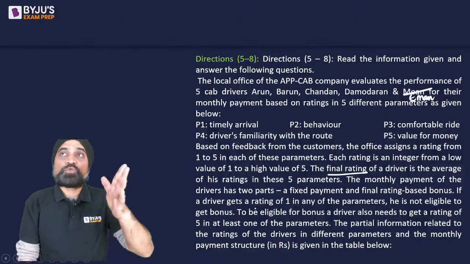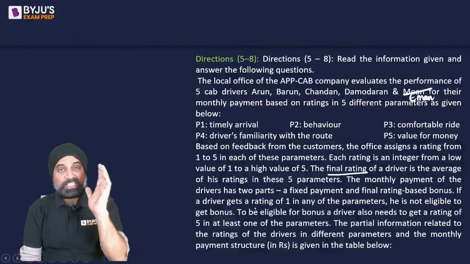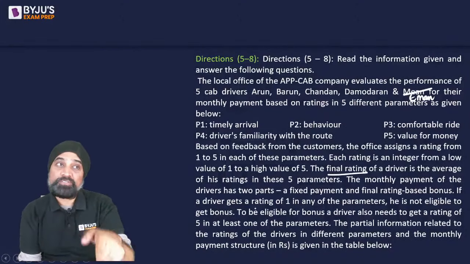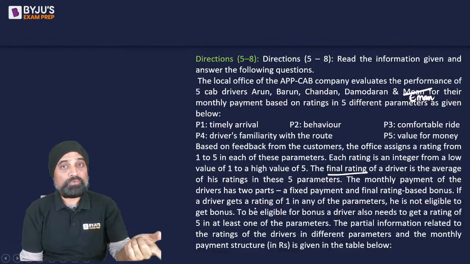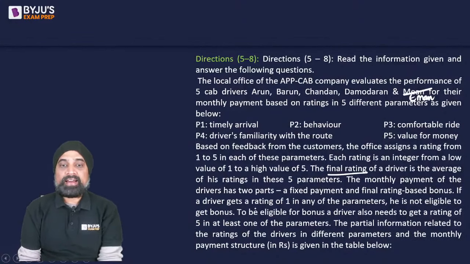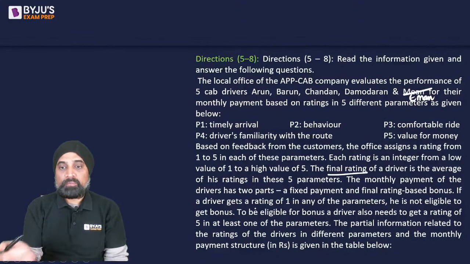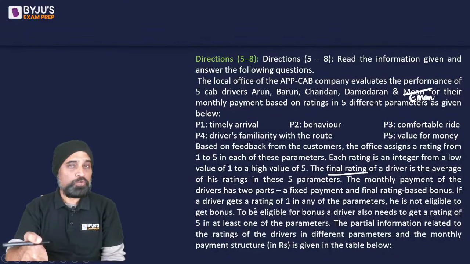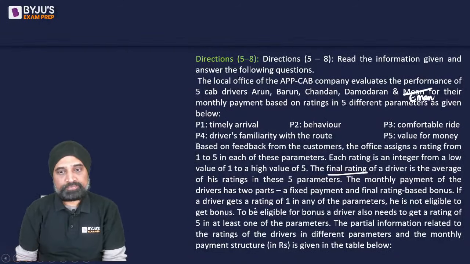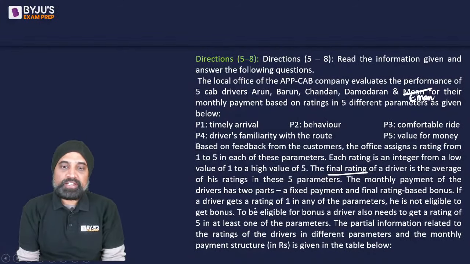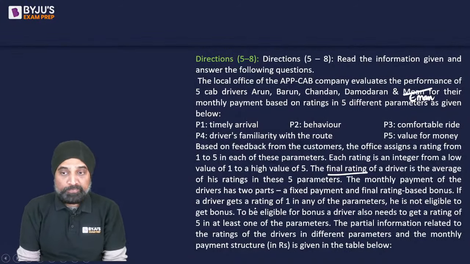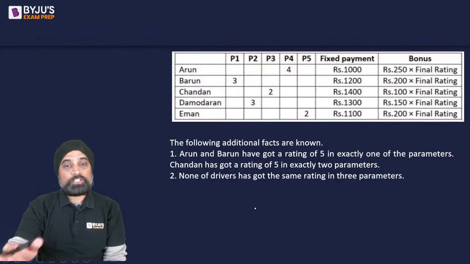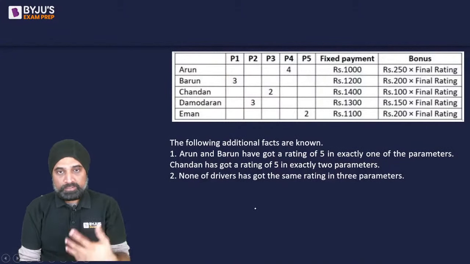So if he gets 1, he doesn't get a bonus. If he gets 5, then he may get a bonus given that he doesn't get a 1, right? And the number of parameters in which 5 is required is only 1, at least 1 parameter. One is enough. The partial information related to the ratings of the drivers in different parameters and the monthly payment structure is given in the table below. So once we look at the table, it will be more clear.